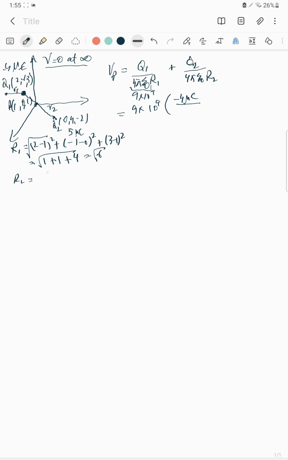And R2 is equal to Q2 minus P, so it is the square root of (0 minus 1) squared plus (4 minus 0) squared plus (minus 2 minus 1) squared, that is 1 plus 16 plus 9, which is square root of 26.